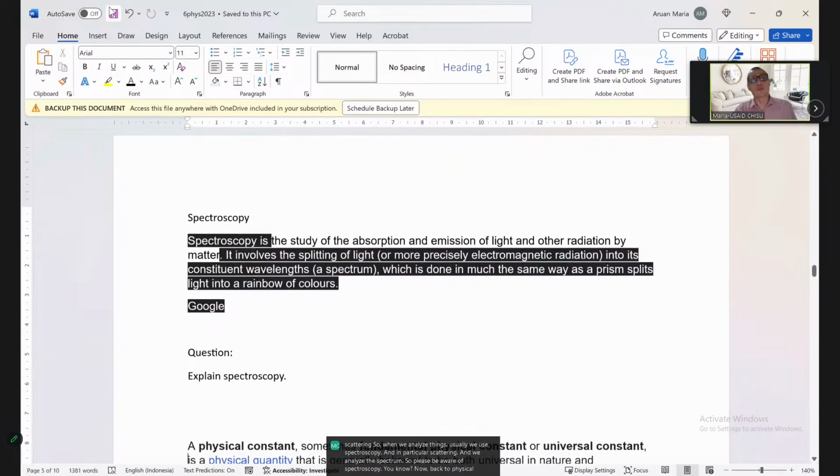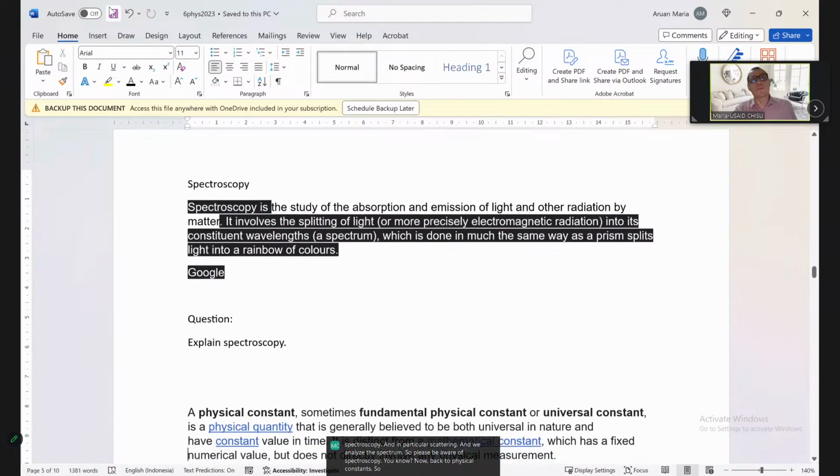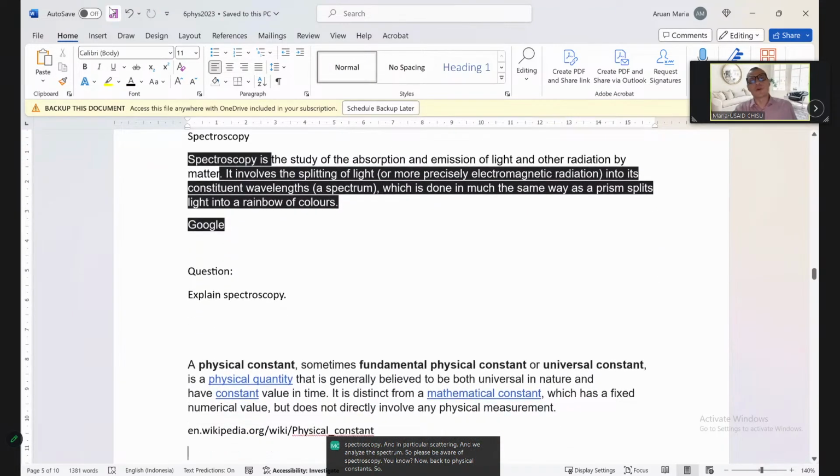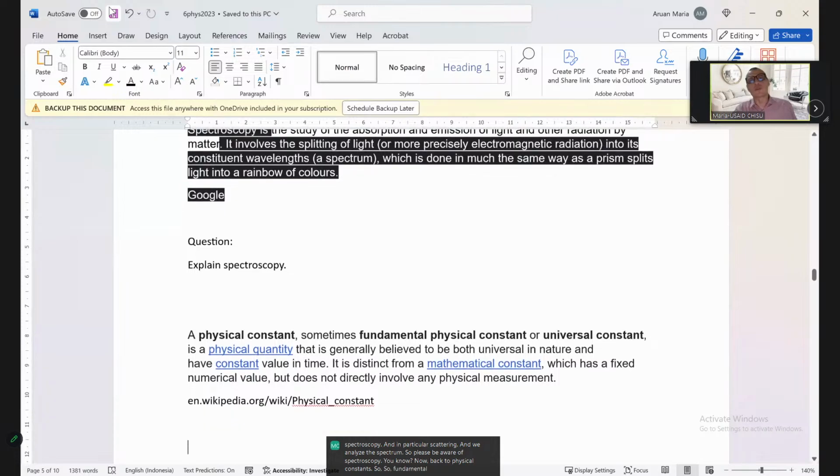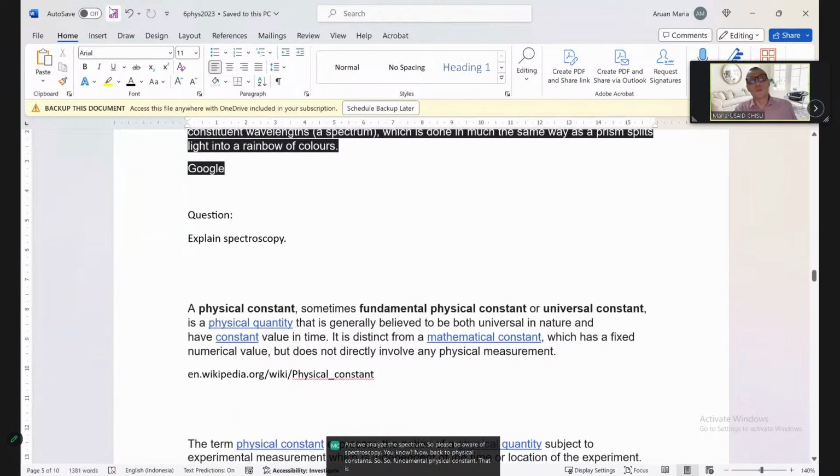Now back to physical constants. A fundamental physical constant is a physical quantity that is generally believed to be both universal in nature and have constant value in time. It is distinct from a mathematical constant, which has a fixed numerical value but does not directly involve any physical measurement. So that's what I was dealing with in my PhD thesis.